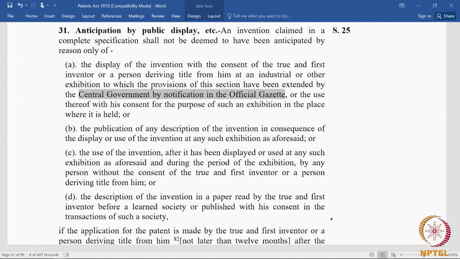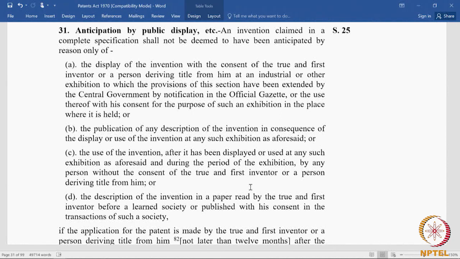Or C, the use of the invention after it has been displayed or used at any such exhibition as aforesaid and during the period of the exhibition by any person without the consent of the true or first inventor. Now, there has been a display or a use with the consent, that is protected. Somebody sees that in the exhibition and uses the invention without the consent of the inventor.